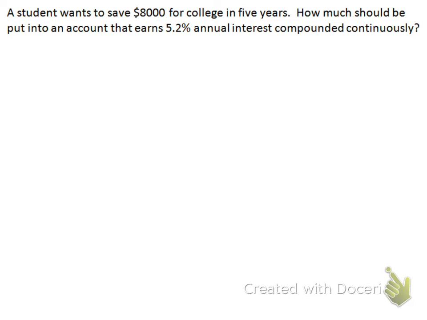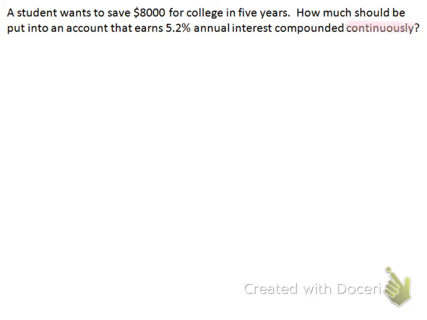So, first question: a student wants to save $8,000 for college in 5 years. How much should be put into an account that earns 5.2% annual interest compounded continuously? As always, our very first step is to figure out which equation we're going to use.